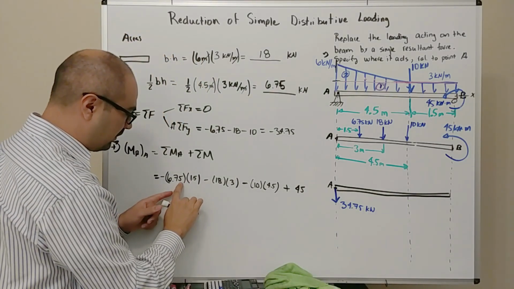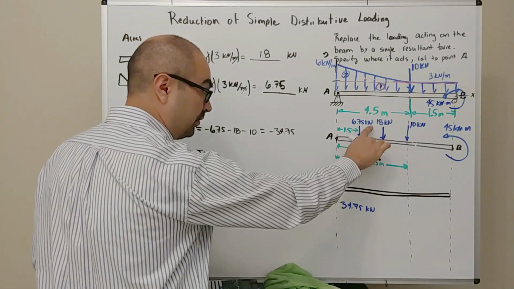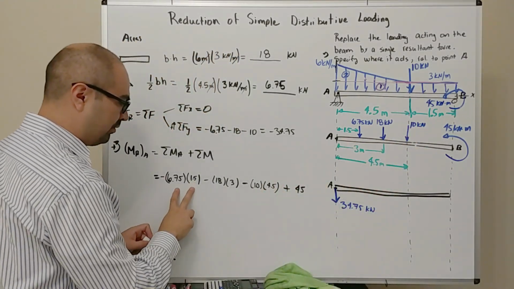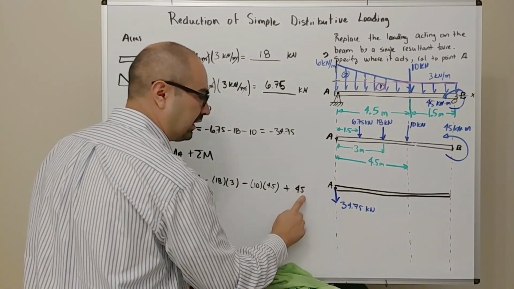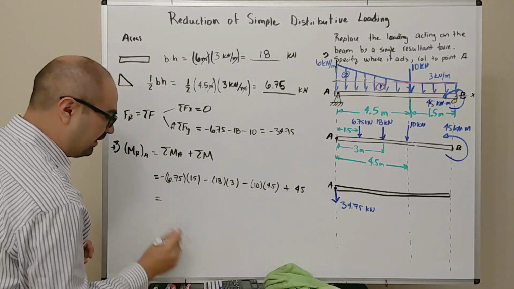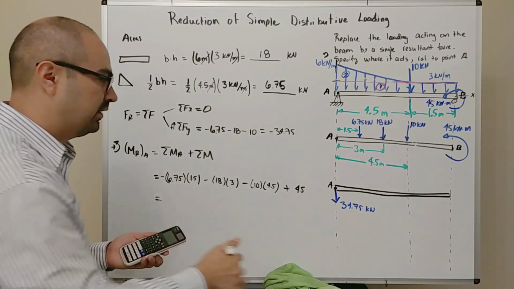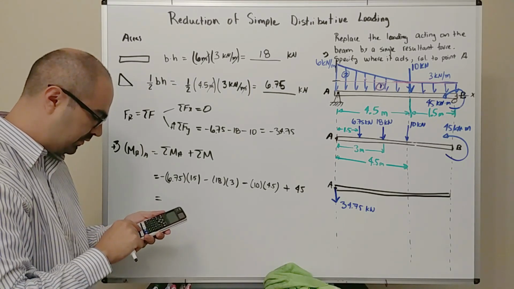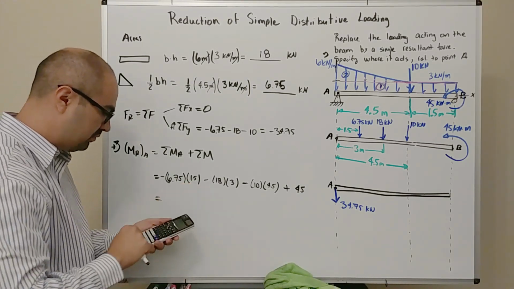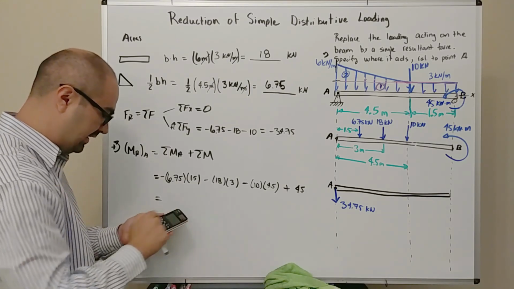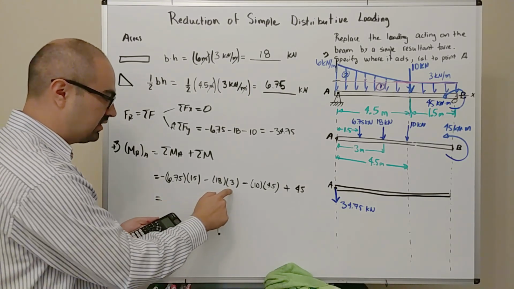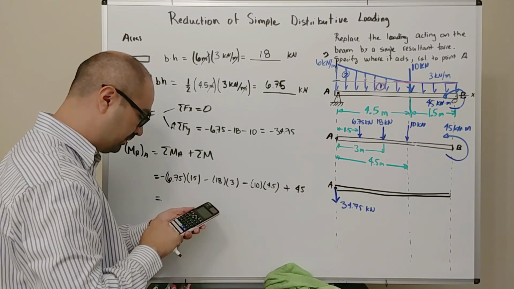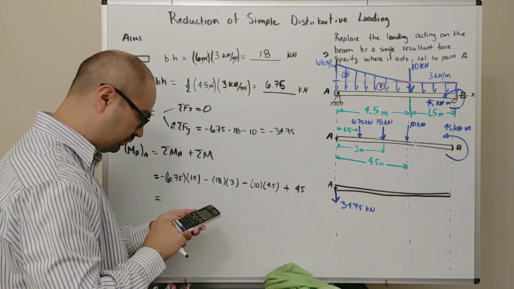All of these have units of force times distance, and all the units of the force are in kilonewtons, and all the distances are in meters. So this is kilonewton meter, kilonewton meter, kilonewton meter, kilonewton meter. So if I just add all of that in the calculator, this is going to give me the resultant couple moment at point A. So we will do negative 6.75 times 1.5 minus 18 times 3 minus 10 times 4.5 plus 45.